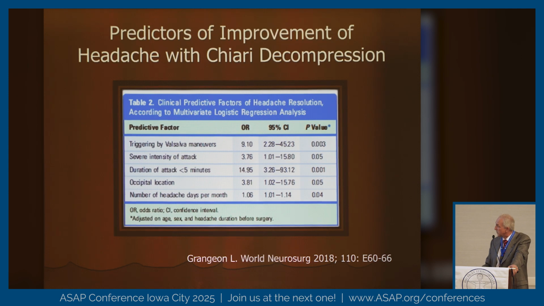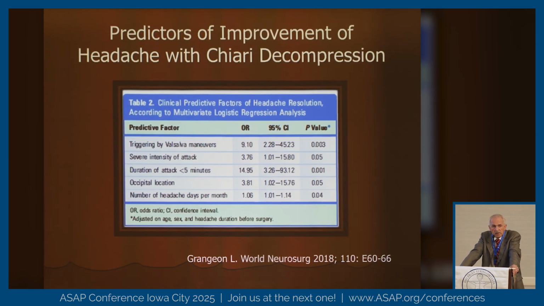Now, if you look at predictors of improvement in headache in Chiari disorders, a lot of it makes you think that it relates to whether the obstruction of CSF flow has been improved by the Chiari decompression or not.